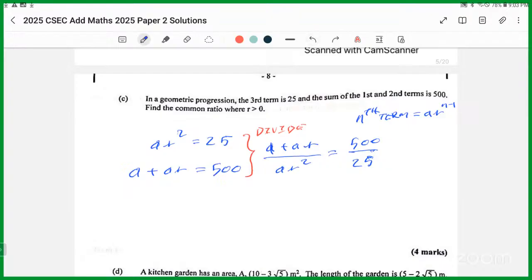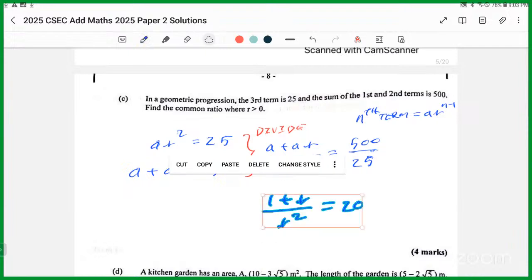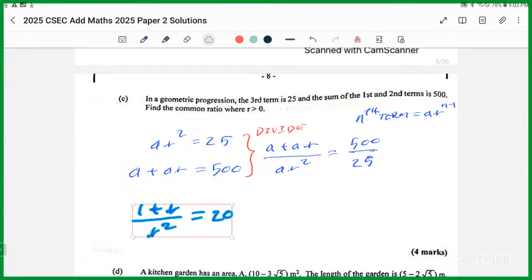When we cancel the A's, this thing reduces to 1 plus R over R squared, and this becomes 20. That's what we're solving now. Let me put it over to the left. So this equation became this.